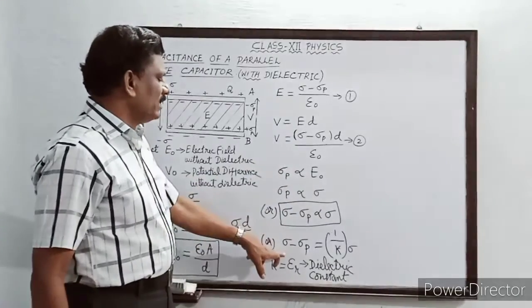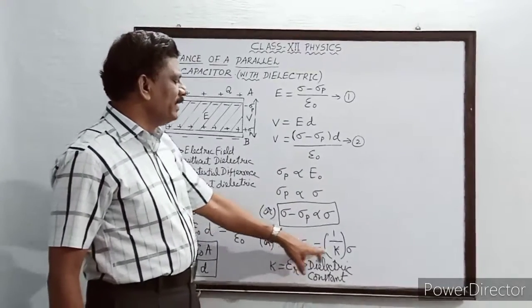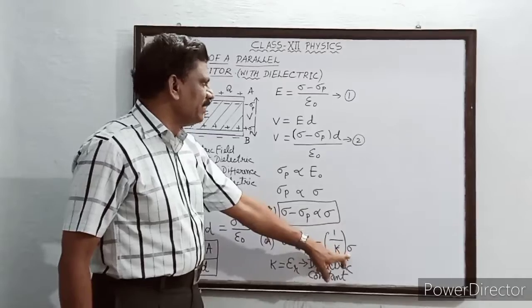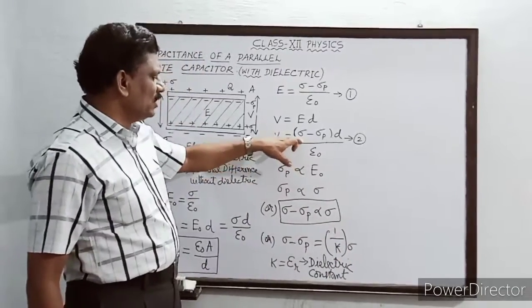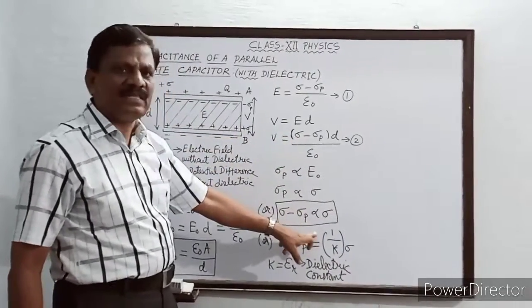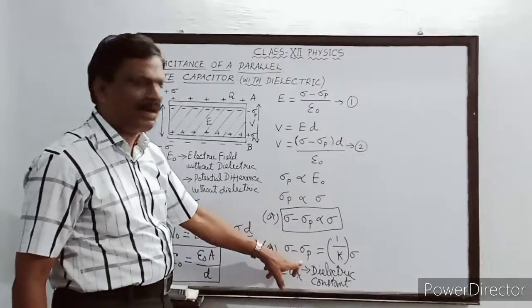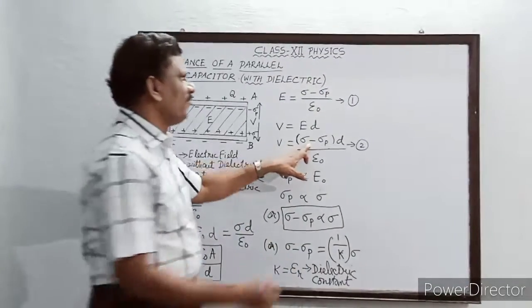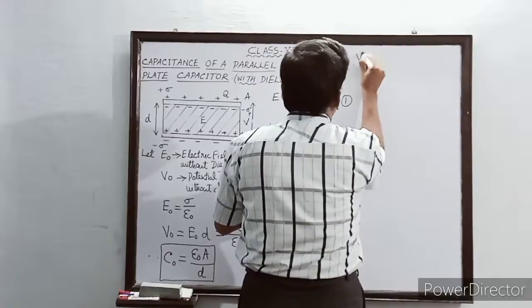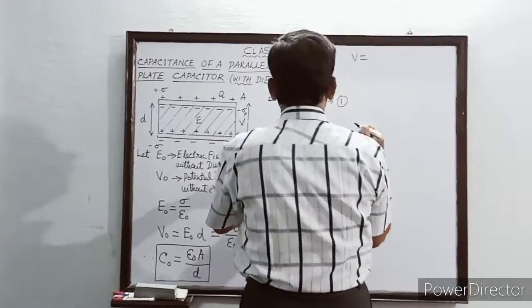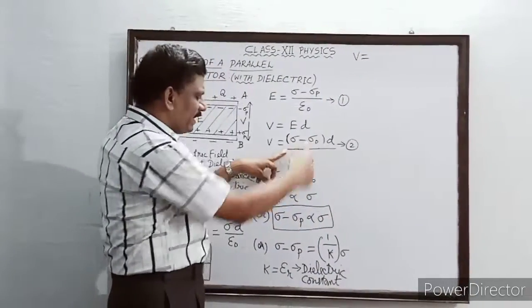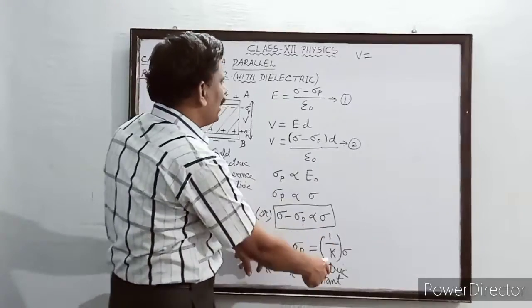Okay. Now you will see that sigma minus sigma p is equal to 1 by k times sigma. In the equation 2 for potential difference, I am going to substitute for sigma minus sigma p in the numerator. Therefore, what is the new expression for V? You substitute for sigma minus sigma p, what you will get? Sigma by k.